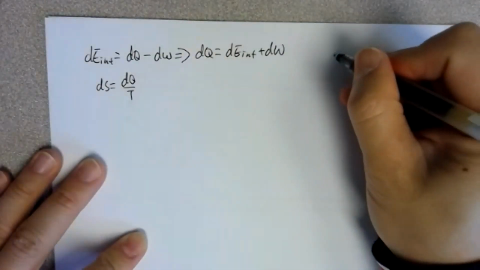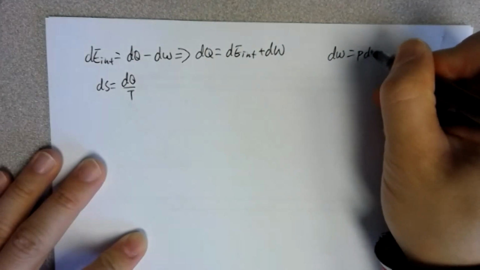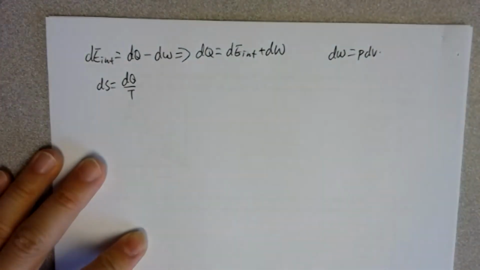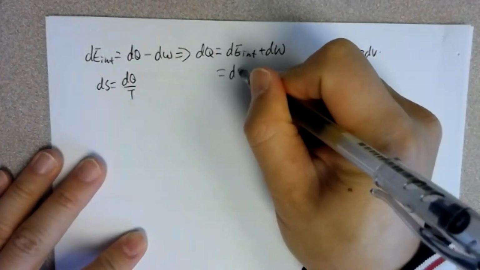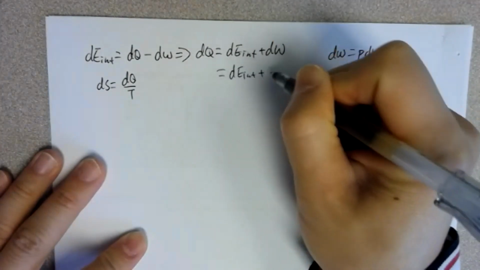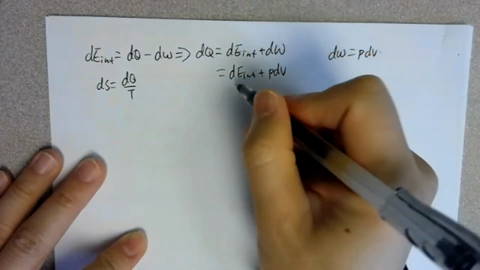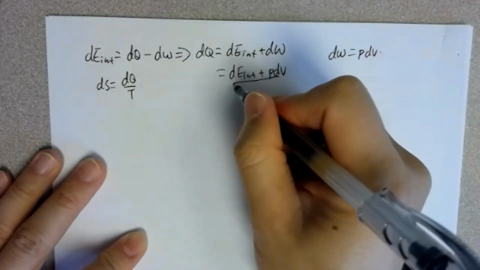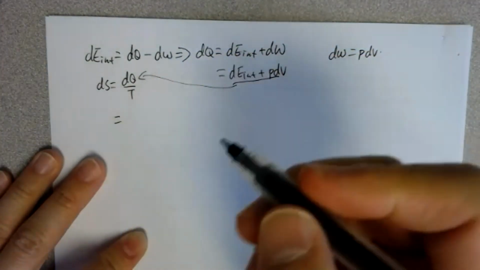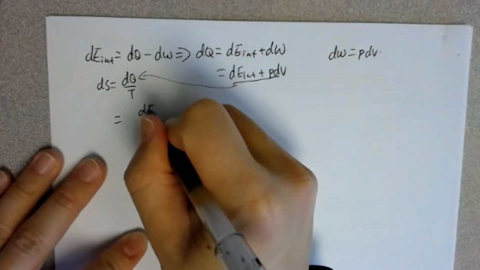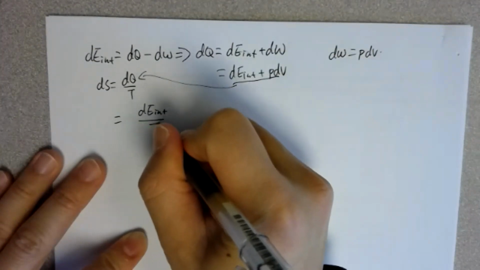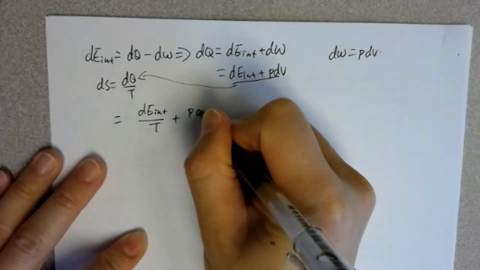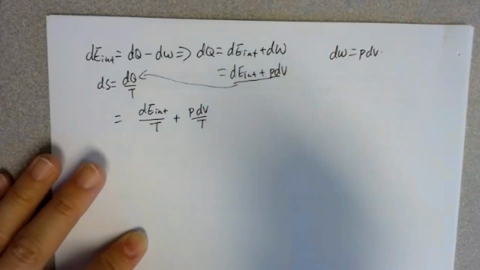All right, and then dW, if you remember, is P dV. So this would be your dQ. So take that into there. So then you got the derivative of internal energy over T plus P dV over T.